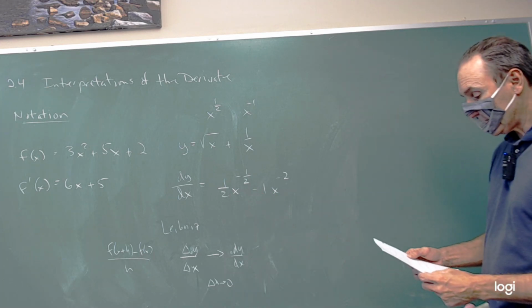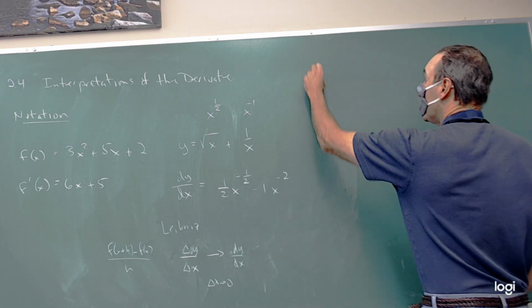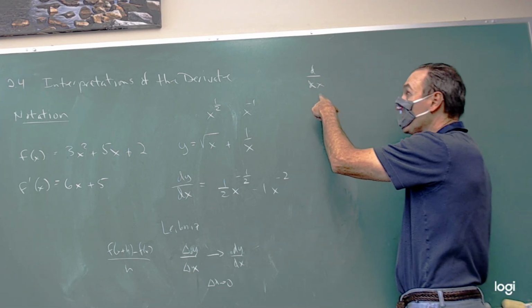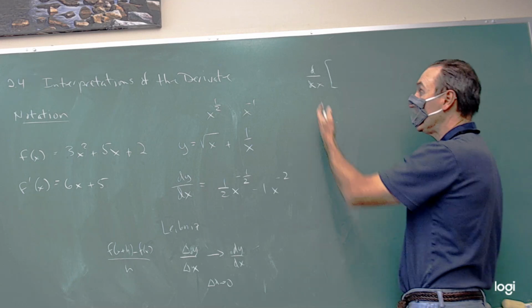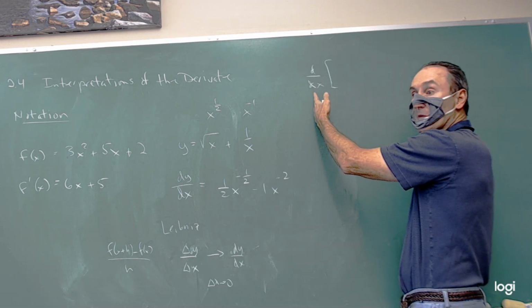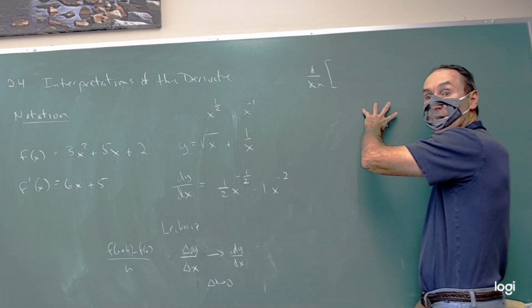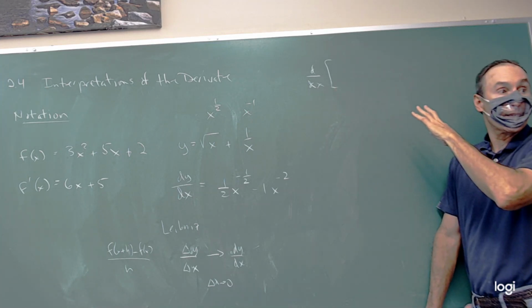Now, alternatively, we talked about this a little bit, you'll see the derivative as an operator. So we can say something like d dx, which is how we would read that. And it means to differentiate, or take the derivative of, whatever follows in that bracket notation.